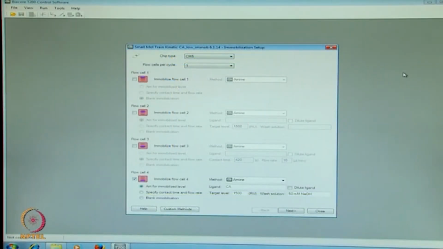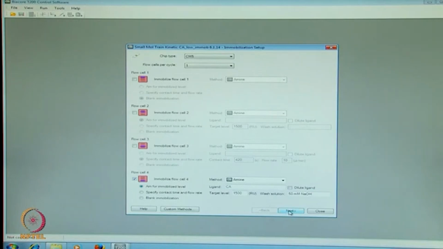Now we will set up our immobilization for the kinetic template. For this kinetic experiment, we will have the carbonic anhydrase immobilized by amine coupling on flow channel 4 to the target level of 1500 RUs, and we leave immobilization as 0 on flow cell 3.